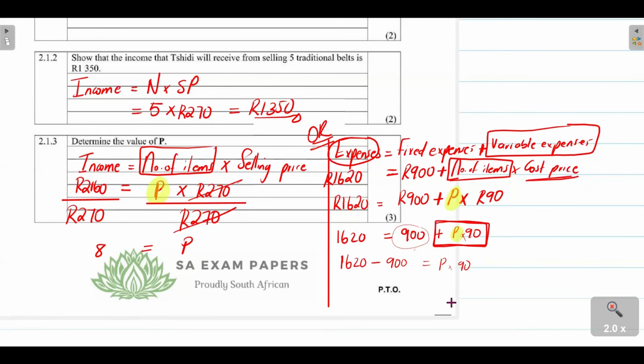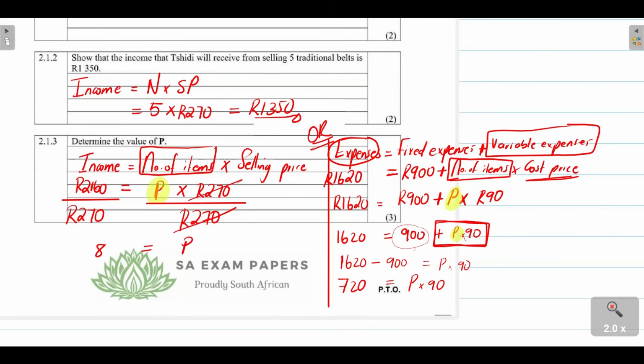Now if you take 1,620 minus 900, you'll see that you get 720 is equal to P multiplied by 90. Now, what was left for us to do? If you want to solve for P, now we can remove that 90. How can we remove that 90?